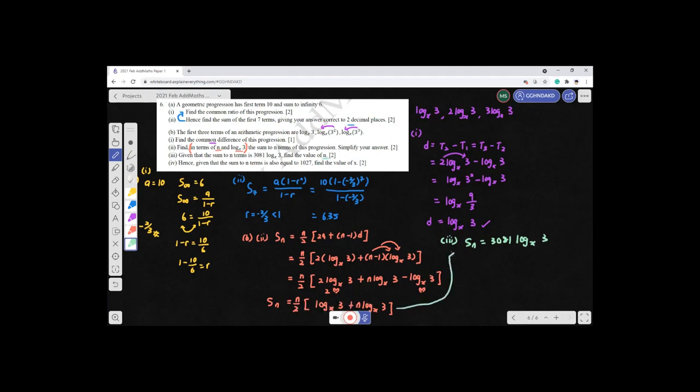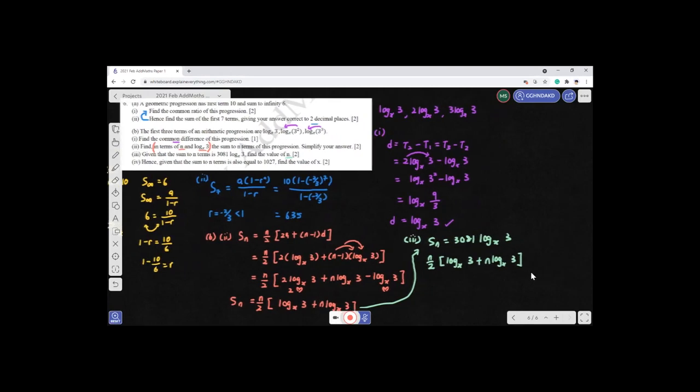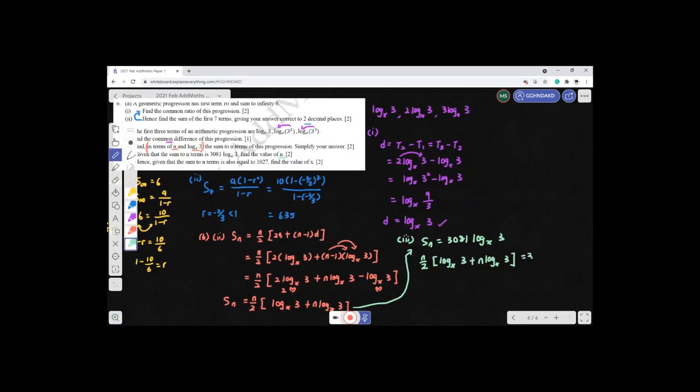So I just substitute inside here. n over 2 times log x cubed plus n log x cubed equals 3081 log x cubed. Because there is log x cubed on both sides, I can factorize it out. So inside, what will I be left with? 1 plus n equals 3081.